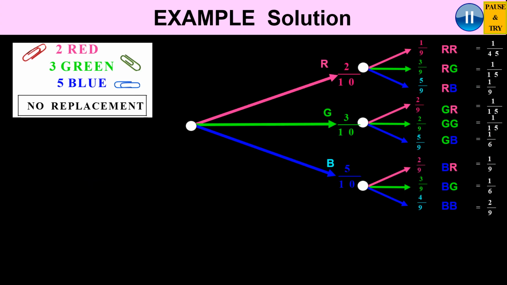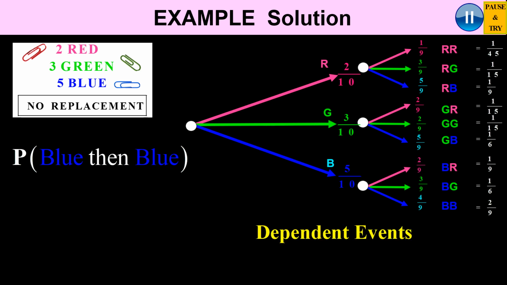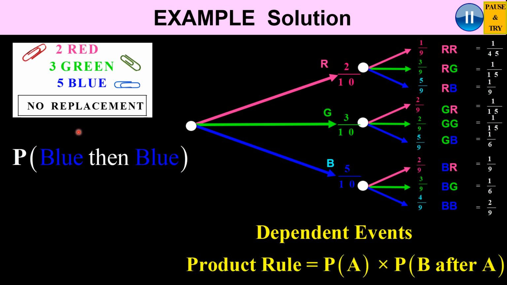Now let's consider an example here. We want to determine the probability of a blue, then a blue. So that's dependent events because there's no replacement, and therefore it will be the probability of the first event times the probability of the second event after the first has happened.